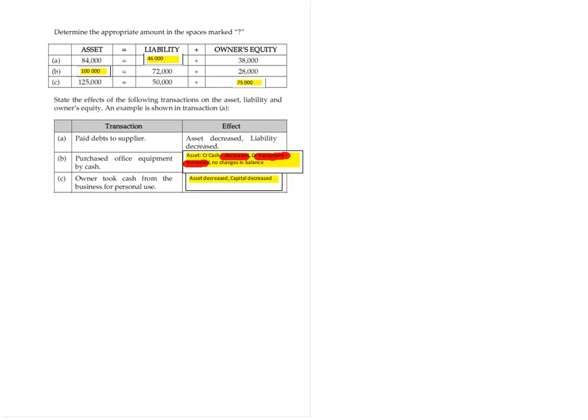On the other hand, the liabilities haven't changed because we have no liabilities. We paid by cash. If we buy the equipment by credit, then liability would be increased, right? And the owner's equity also remains the same. Any questions so far about the B transaction?